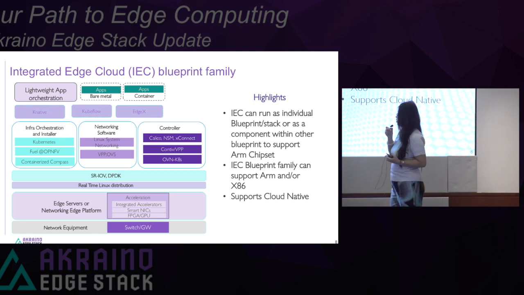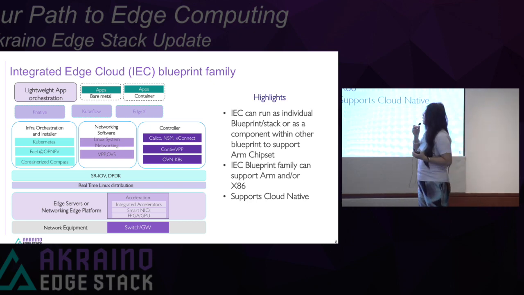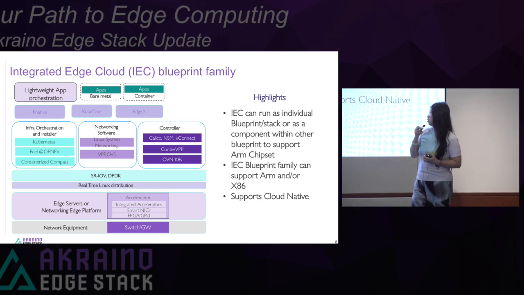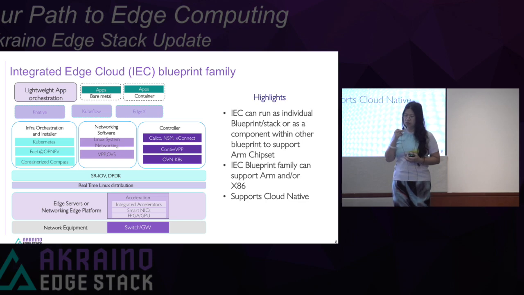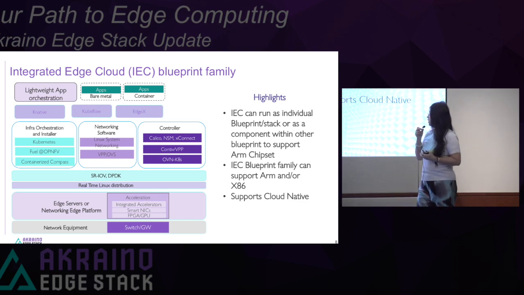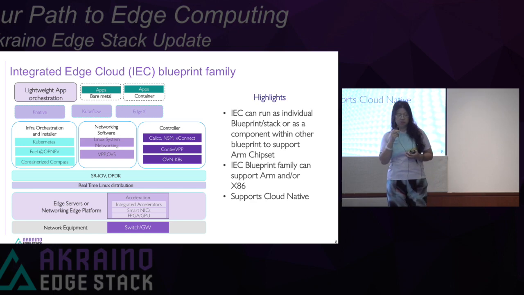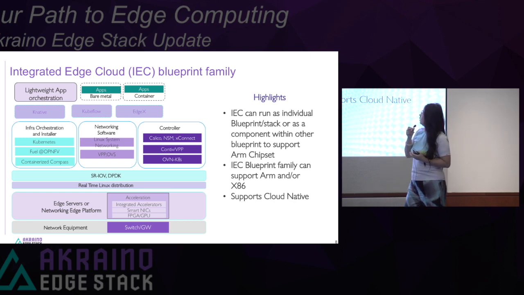From the bottom, you can see the network equipment, the switches, gateways, and then the network edge platform, or you can call it edge servers. It does all kinds of hardware acceleration. It can do integrated accelerators, SmartNICs, FPGAs, and GPUs. Above that, there are Linux distros, and then SR-IOV and DPDK as the data plane.